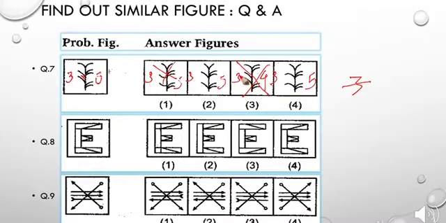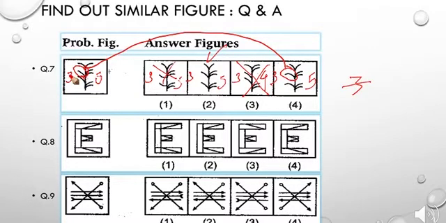In the next option, the angle is okay. Third we had already rejected. Let's go to fourth. In the fourth, the angle is not proper. We're talking about angle of this branch only, and we're comparing this angle with the branch which is here.